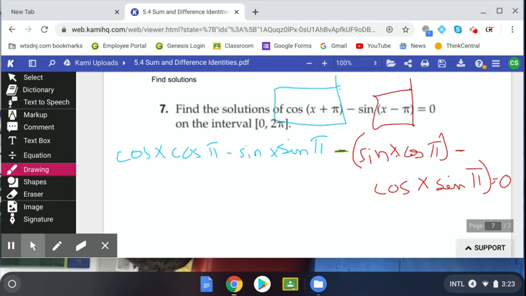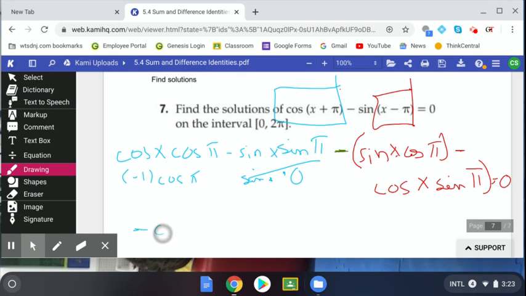Cosine pi is -1. So -1 times cosine x. So I get negative cosine x, and then sine pi is 0. So sine x times 0, so this goes away.